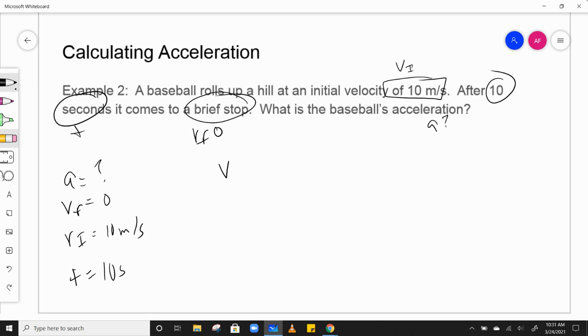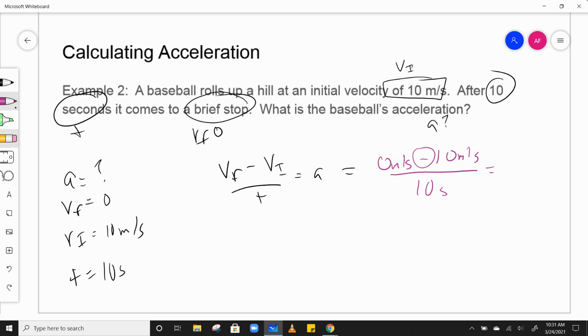Okay, so again, the formula is acceleration equals v final minus v initial over time. Our v final is 0 meters per second. Our initial is 10, so minus 10. And it took 10 seconds to do that. You'll notice here it's minus, so we're actually at negative 10.